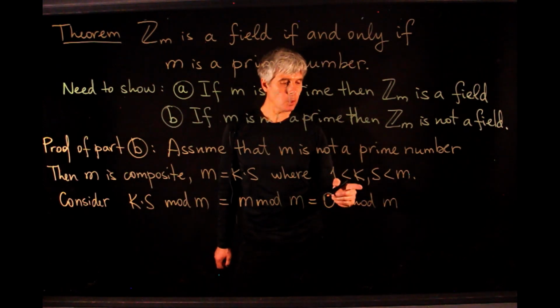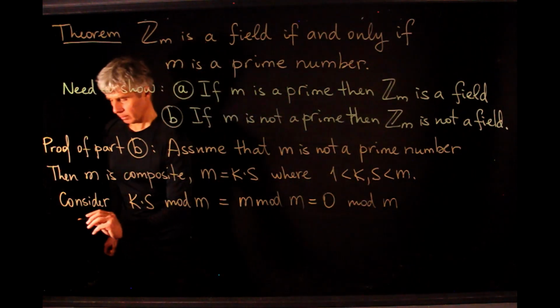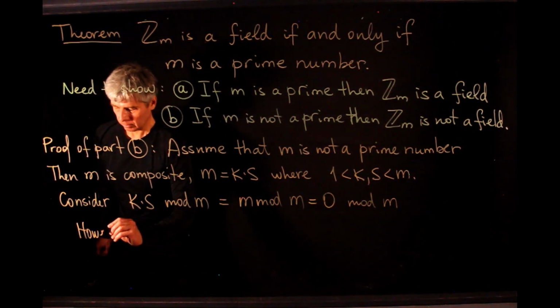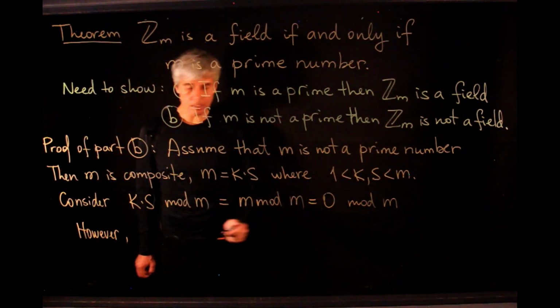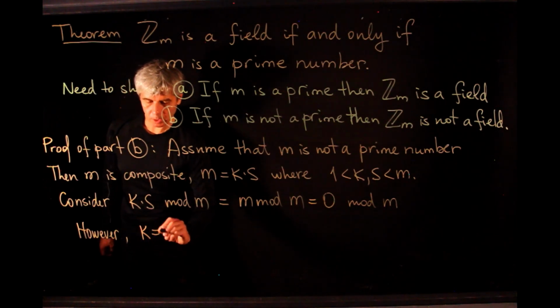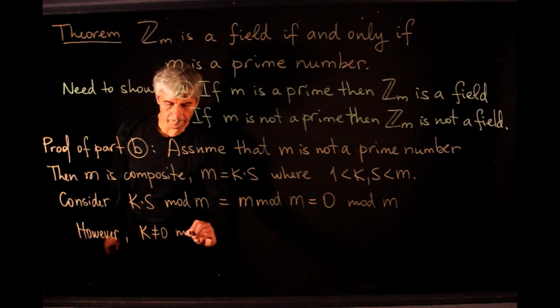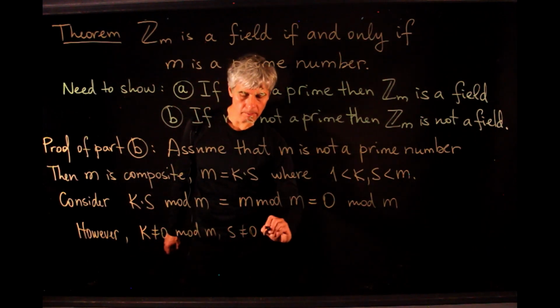But both k and s are less than m, and they are greater than 0. So this means that k is not equal to 0 mod m, and s is not equal to 0 mod m.